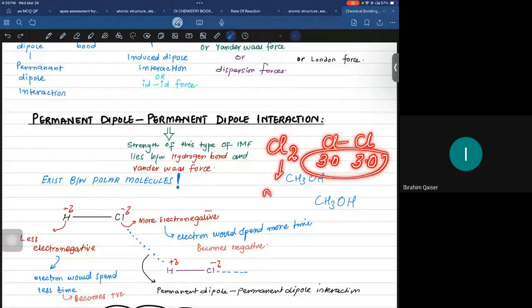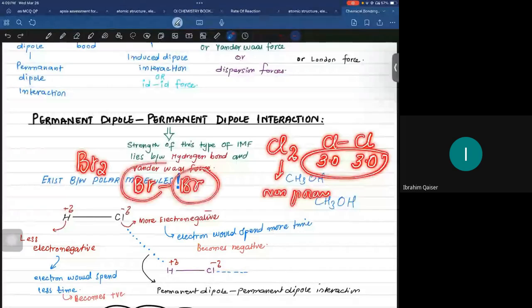And also you can see this is a bromine molecule, formed between two bromine atoms having the same electronegativity. They have the same ability to pull electrons towards themselves, so neither has any charge. It's completely non-polar. There is no charge on this bromine.